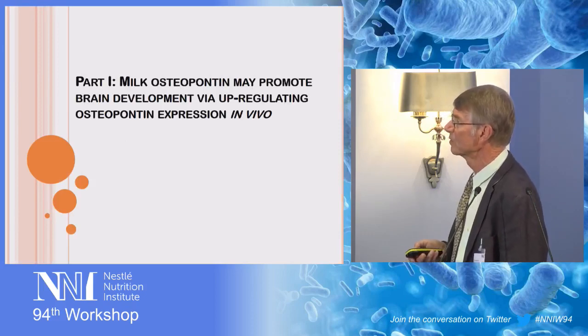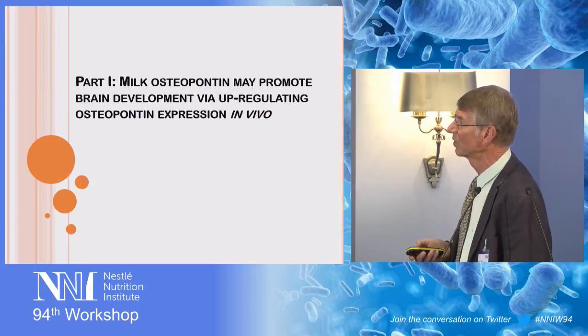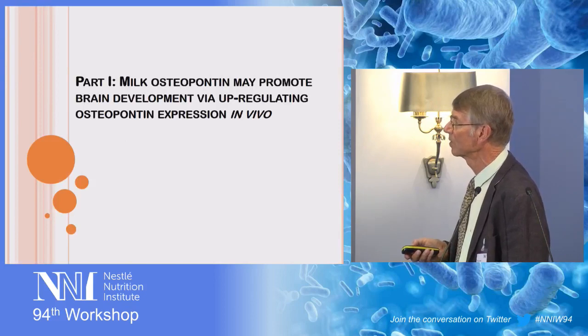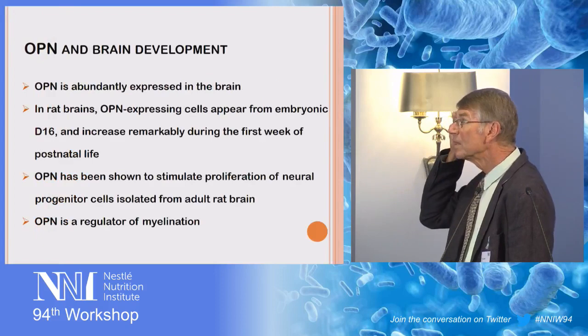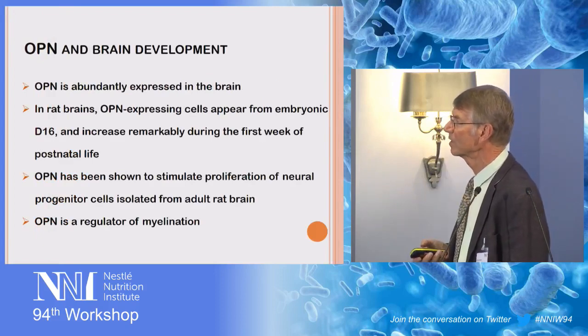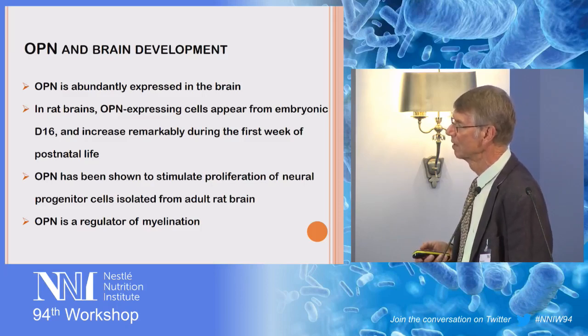And the first part of this was the brain. What does milk osteopontin do in the brain? It is abundantly expressed in the brain, and in rat brains it's been shown that osteopontin-expressing cells appear from embryonic day 16 and increase remarkably during the first week of postnatal life.